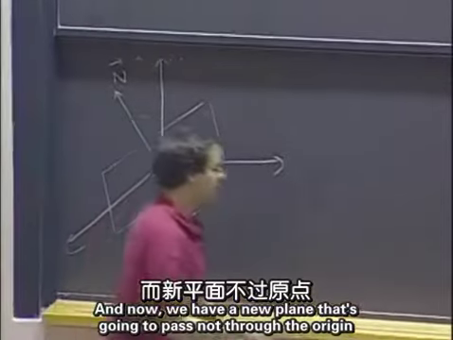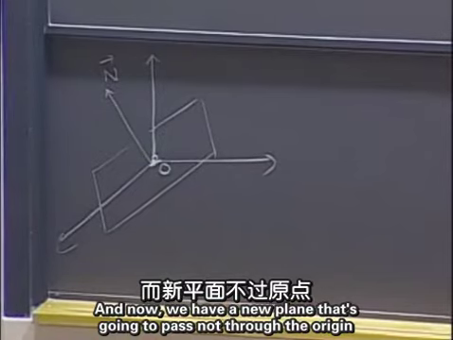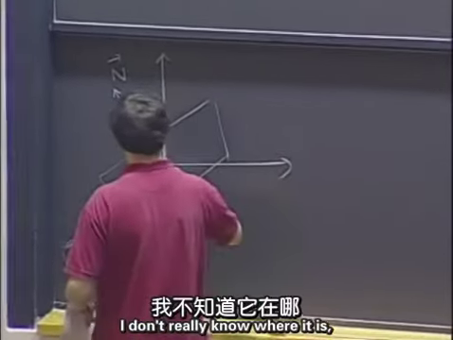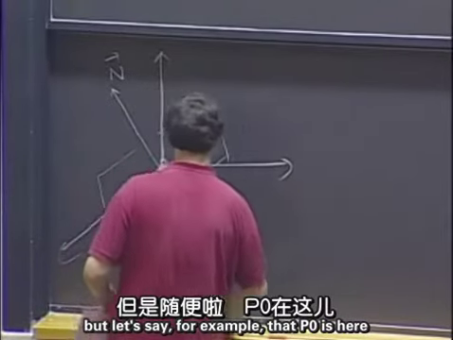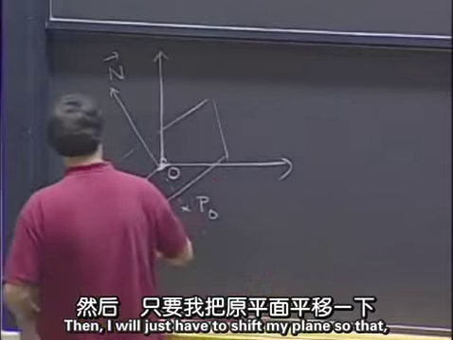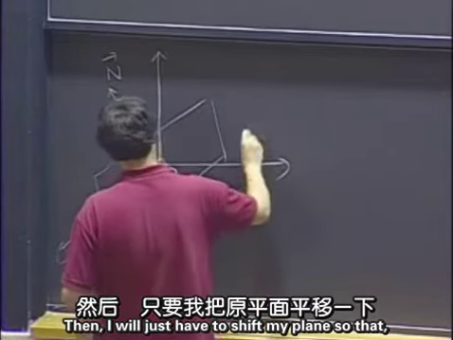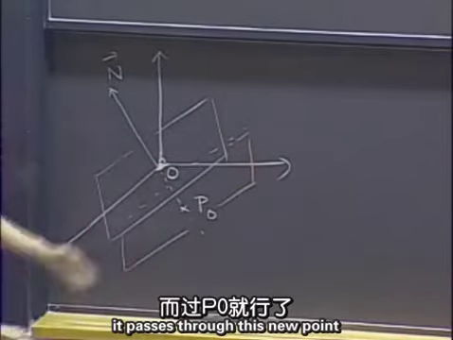And now we have a new plane that's going to pass, well, not through the origin, but through maybe this point P0, and I don't really know where it is, but let's say, for example, that P0 is here. Then I will just have to shift my plane so that instead of passing through the origin, it passes through this new point.